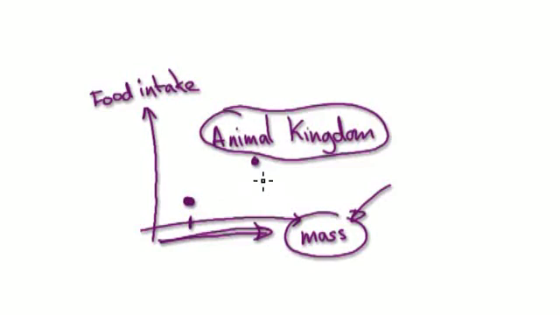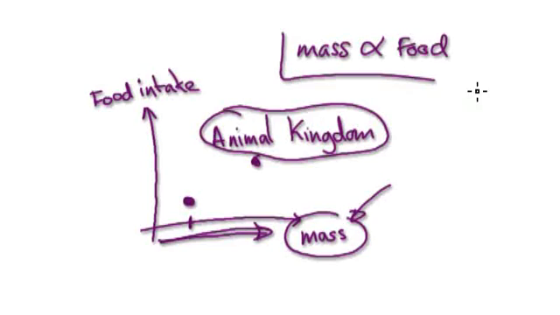So an elephant would be here, a blue whale would be here. The amount of food that an elephant eats, you could maybe argue that the mass of an animal is directly proportional to the food intake, meaning the food it eats. You could put up a good argument for this.